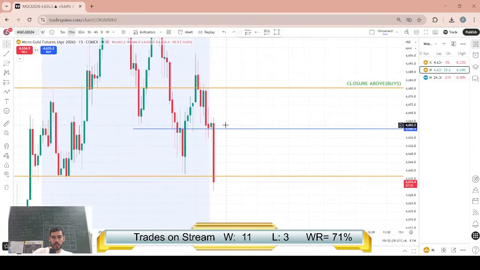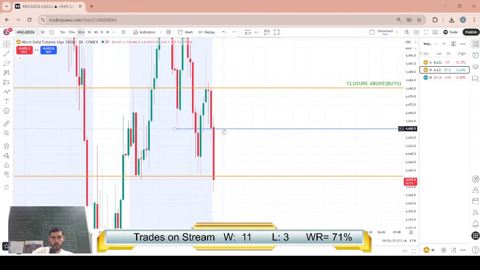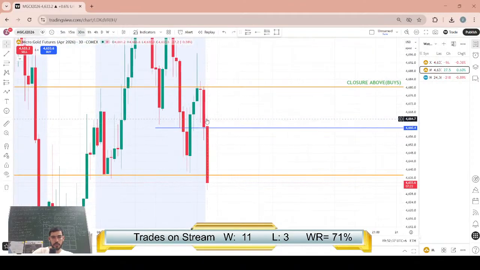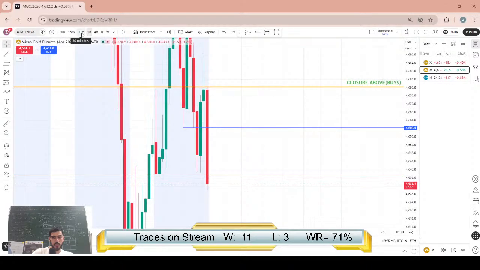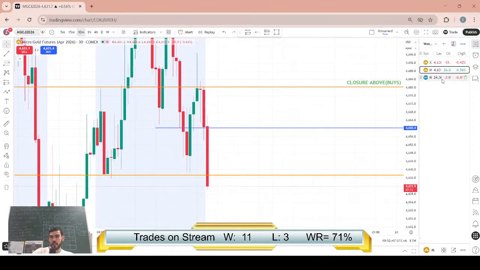It doesn't look the best on the 15-minute time frame, so sometimes you can ignore it, but on the 30 it looks just perfect. Yep, looks just perfect on the 30 and the 1 hour. Absolutely melting.